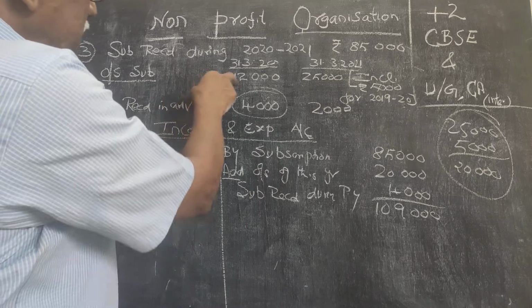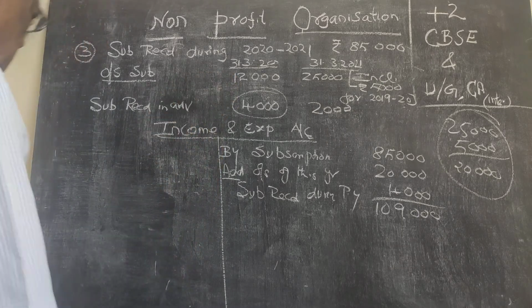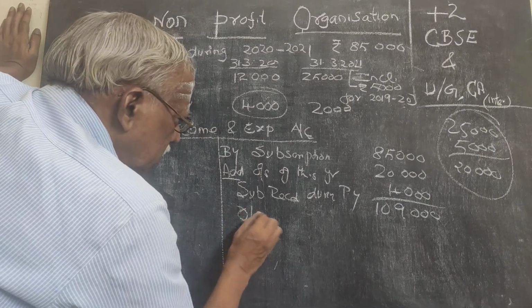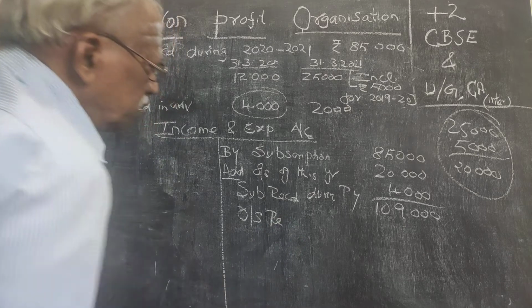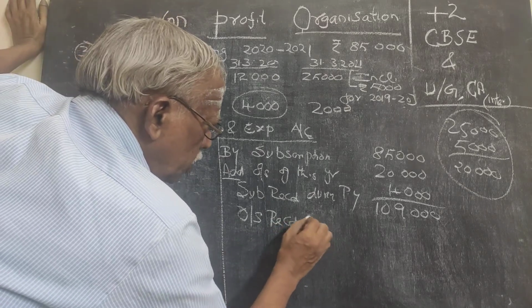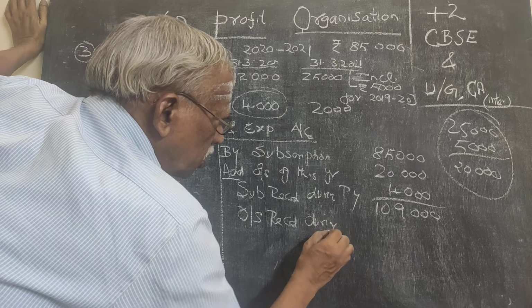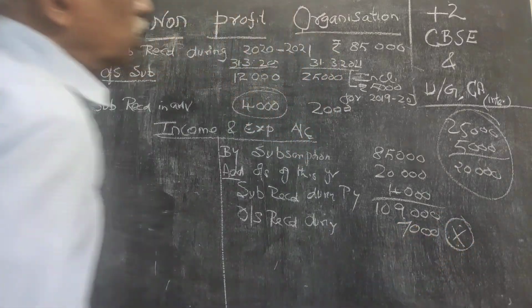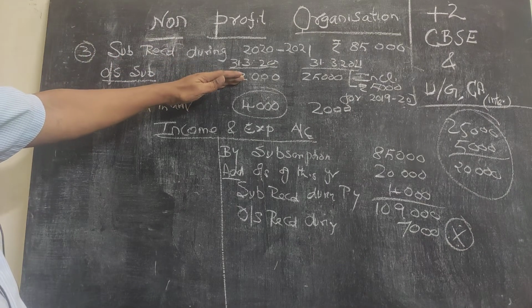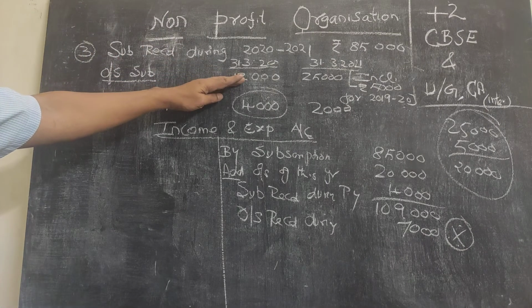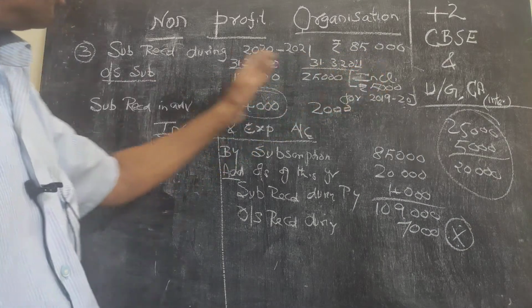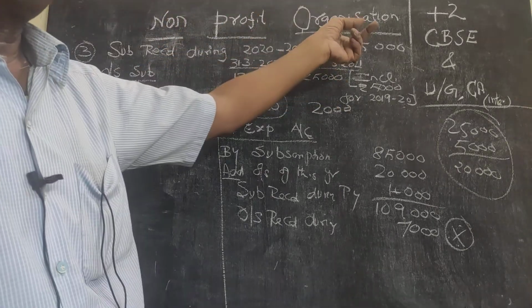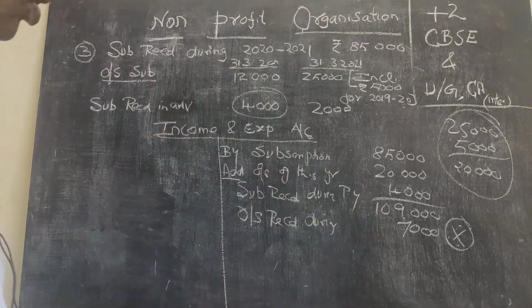That means 7,000 rupees we have received during this year. So outstanding subscription received during the year, last year's outstanding received during this year is only 7,000. 12,000 they have shown as outstanding as on last year. Of that 5,000 still outstanding, that means 7,000 pertaining to last year is received and included here. So that should be removed.